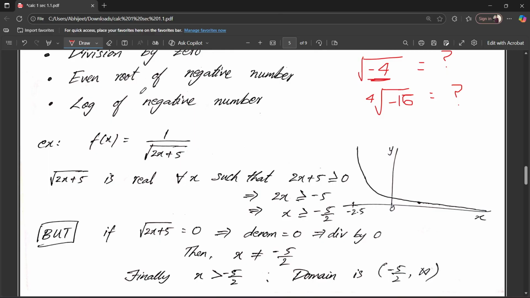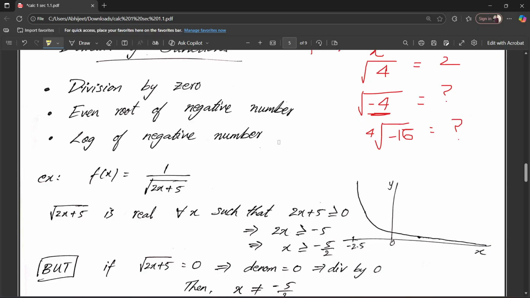Let's look at an example. We have a function f of x which takes an x and gives you 1 over the square root of 2 times the input plus 5, or simply 1 over the square root of 2x plus 5. Now, there's two things that kick in here. One is the square root.